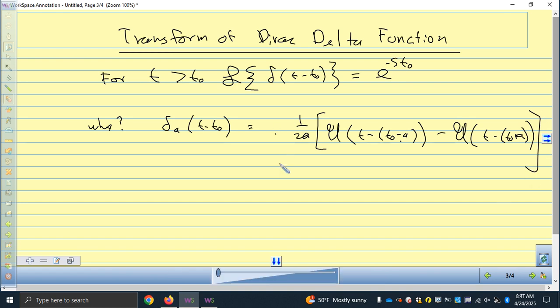So in terms of the unit step function, the unit impulse function can be written like this. And then we're going to do the Laplace transform of this function and take the limit as a approaches 0.